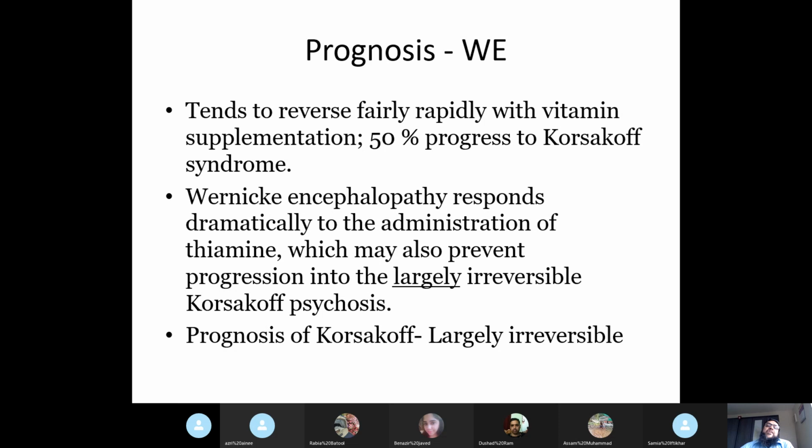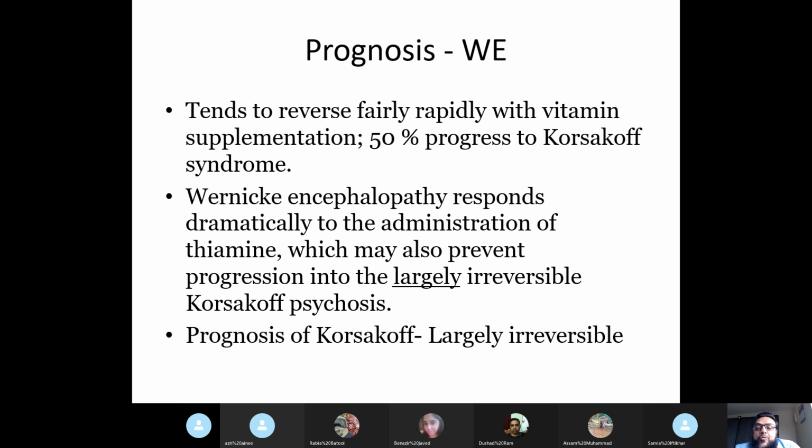So, prognosis of Wernicke's encephalopathy, and we are nearly reaching the end of today's session. It tends to reverse fairly rapidly with vitamin supplementation. When you treat it at the stage of delirium, it will be a relatively good prognosis.